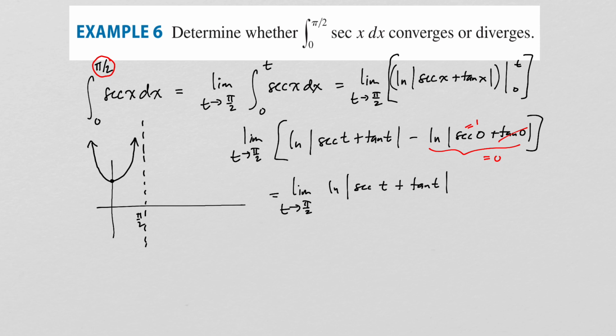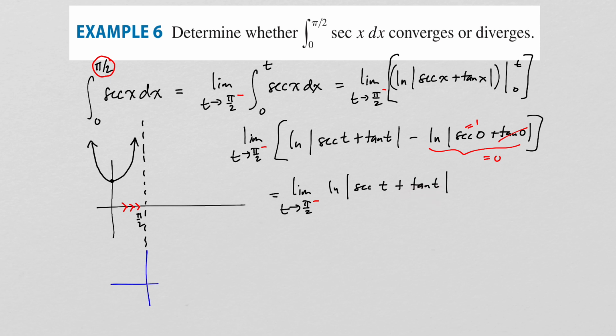Oh, and by the way, I should have mentioned this long ago, sorry, but if we're approaching pi over 2 in this interval, we have to be approaching pi over 2 from the left. Okay, so as we approach pi over 2 from the left, what does secant do? Well, we have a picture right here. As we approach pi over 2, secant is going to infinity. And what is tangent doing as we approach pi over 2?